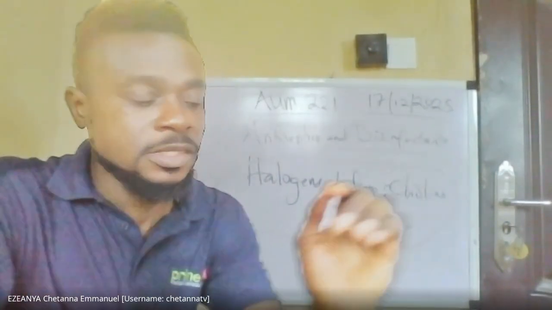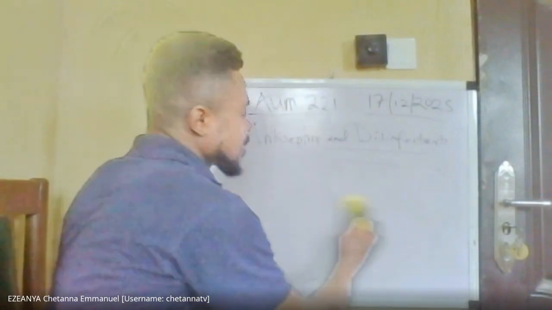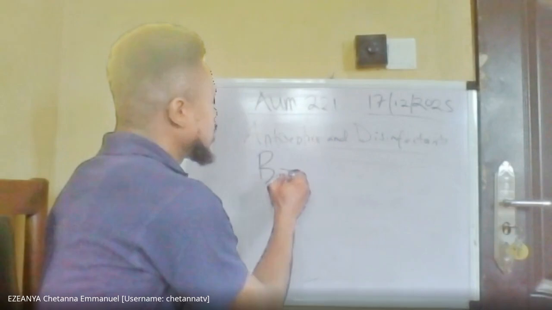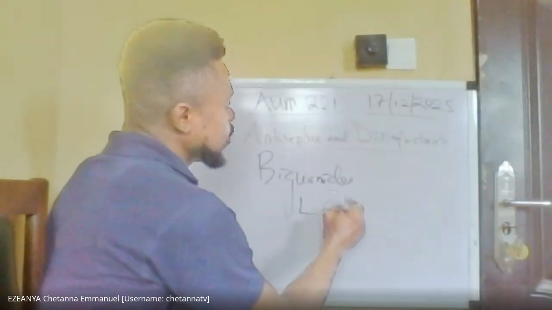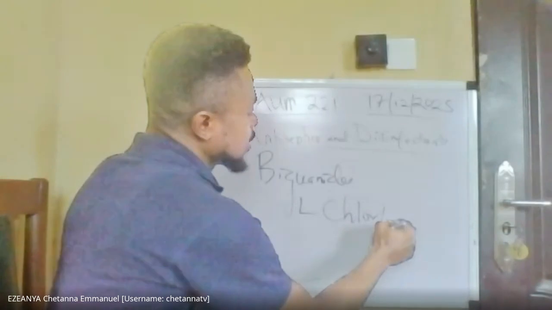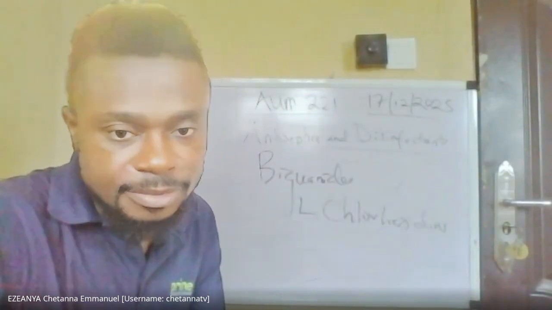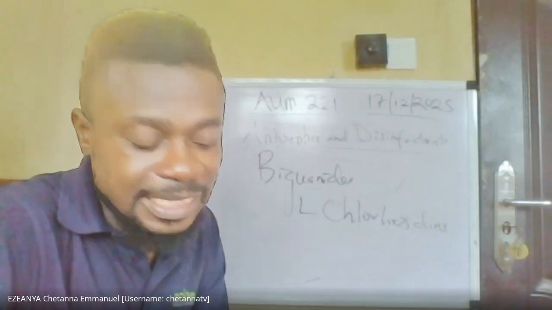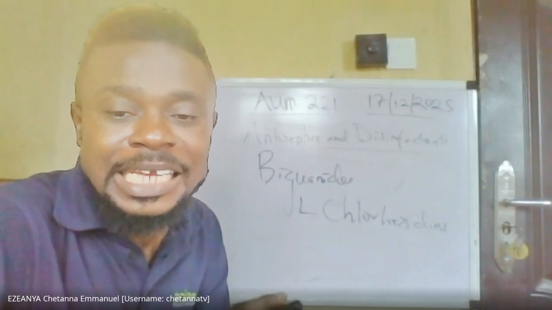Then the fourth group I want us to look at is biguanides. Here we have something like chlorhexidine. Chlorhexidine are cationic antiseptics.